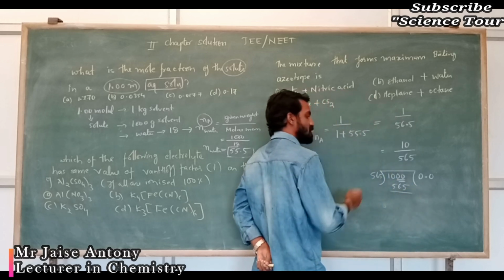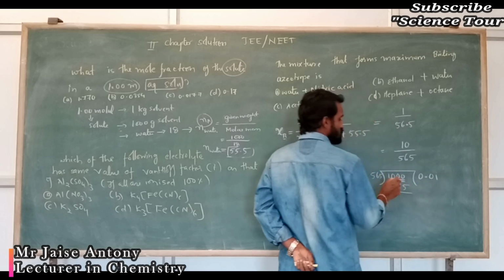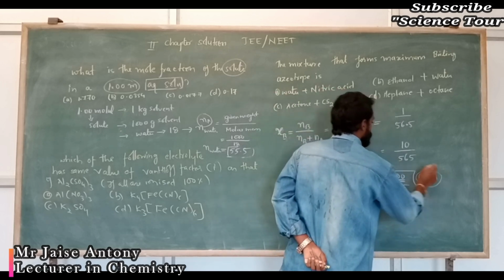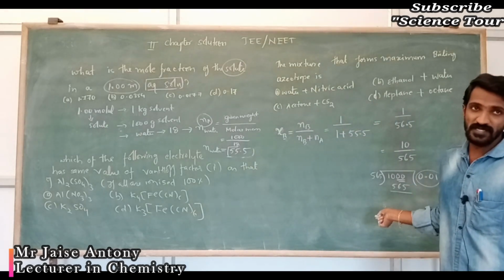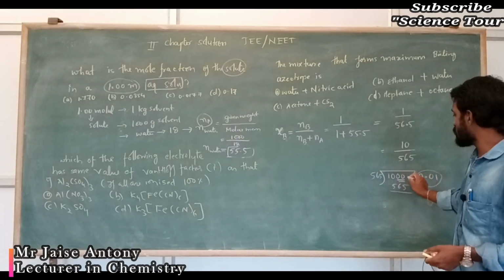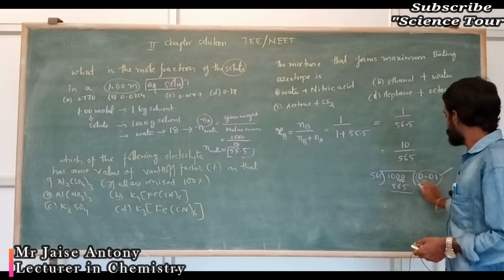Okay? You are getting something. And after that 565 ones are 565, 565 ones are 565. Your answer is 0.01, and you can solve this also. Continuation is not required because it is wasting time, understood? So just you stop here. 565 ones are 565, that means 0.01 is your answer.